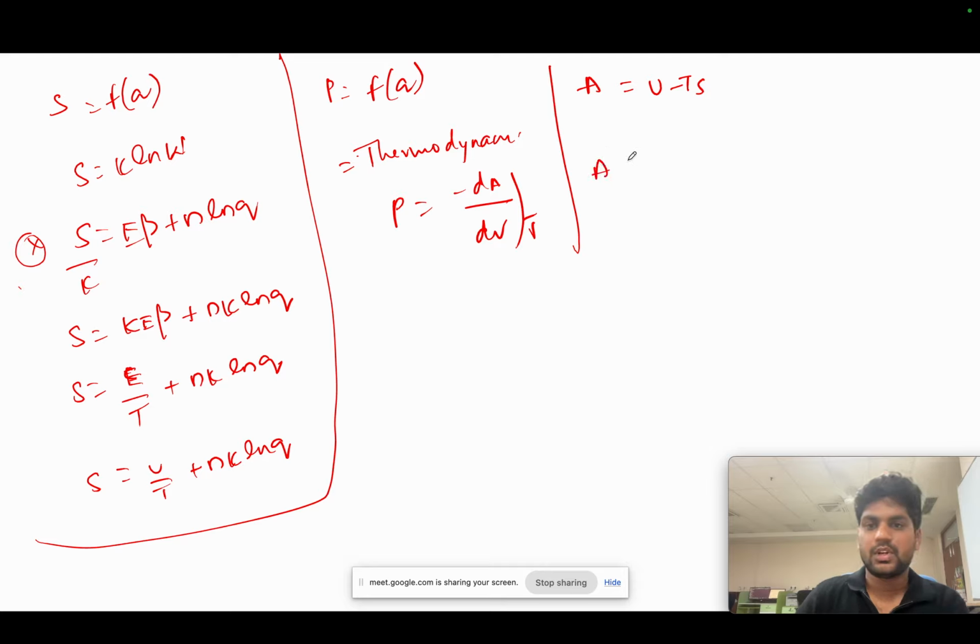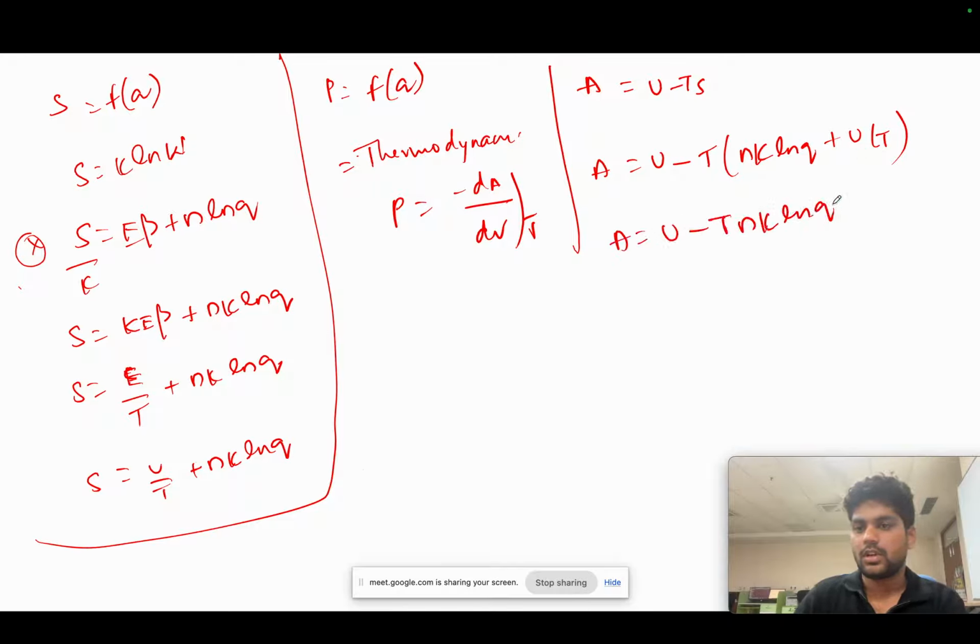Which is nothing but A equal to U minus T into Nk ln Q plus U by T. So this T will get cancelled. T and k ln Q minus U. So now A equal to minus NTk ln Q.